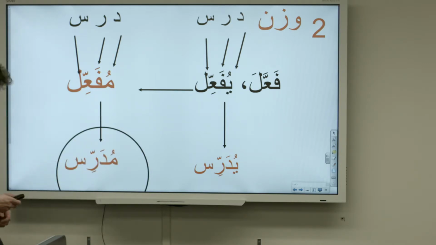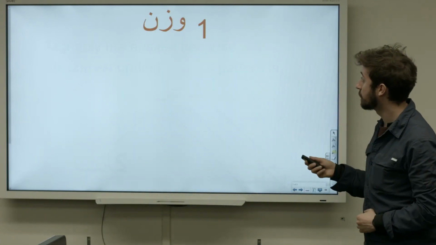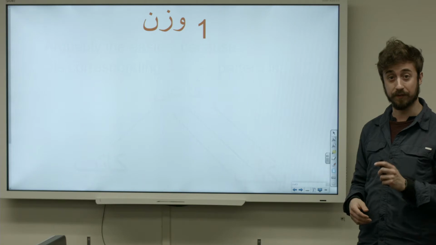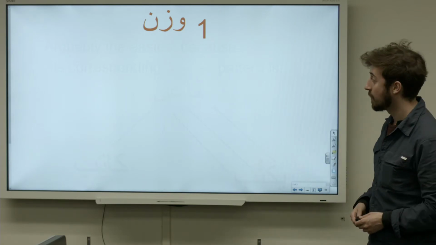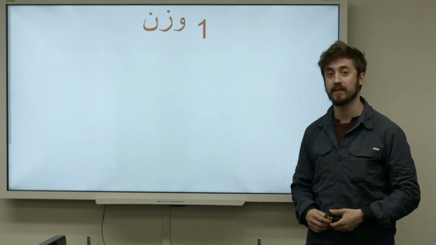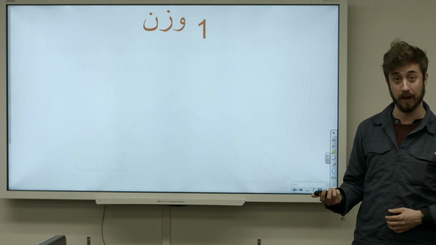Now wazn 1 is a little different. We'll go over another example of how to do a wazn 2 after this. Remember I said that each verb pattern has its own corresponding ism fa'il pattern.